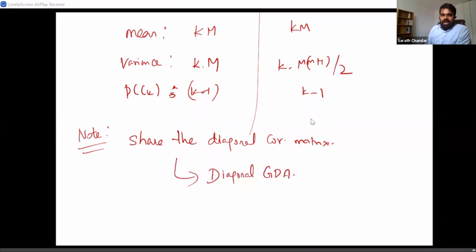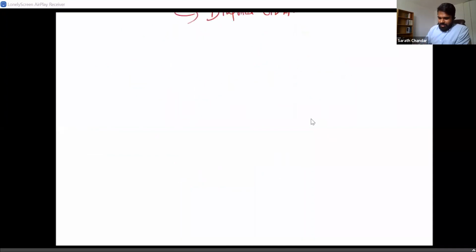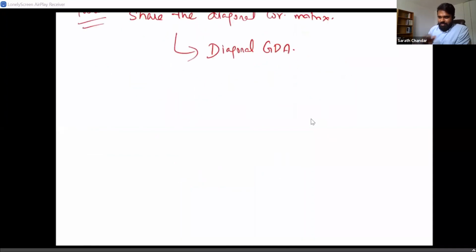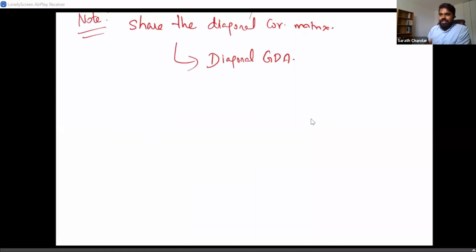So far we have seen four variations, right? We have seen GDA, which is a linear model with linear decision boundary, and a nonlinear model with nonlinear decision boundary. Probably I would do the summary before taking the break.